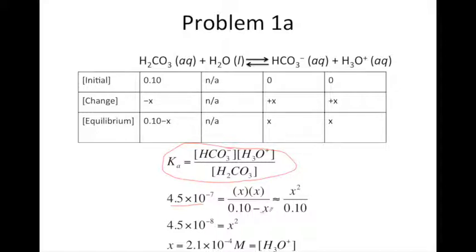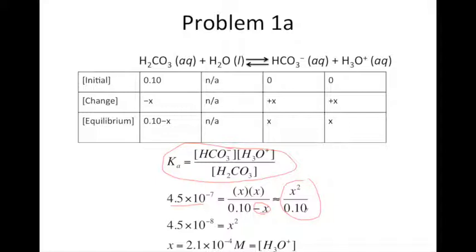So let's assume this minus X is negligible. So we'll ignore this minus X, and our equation simplifies to 4.5 times 10 to the minus 7 is equal to X squared divided by 0.1.